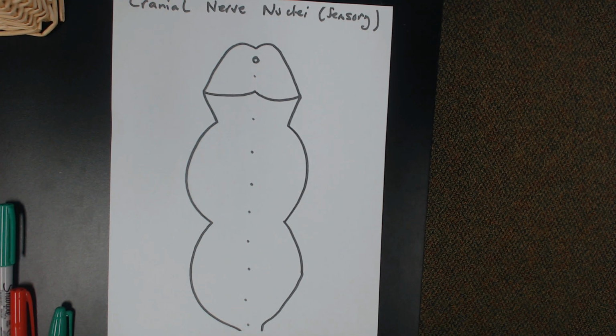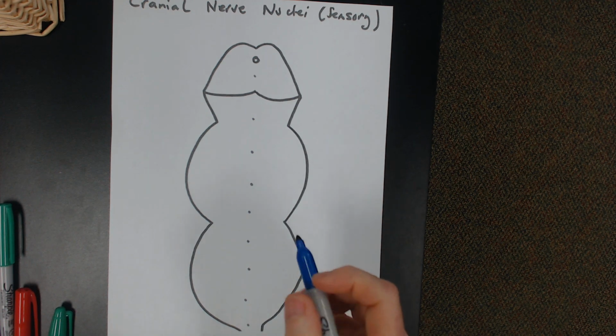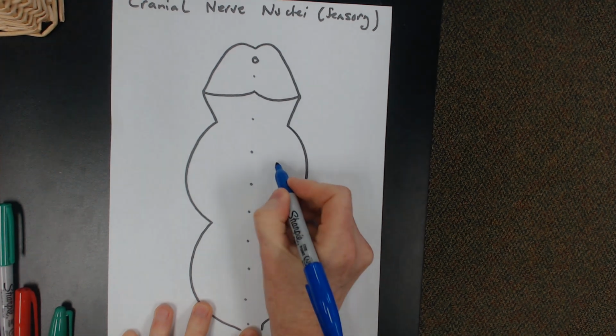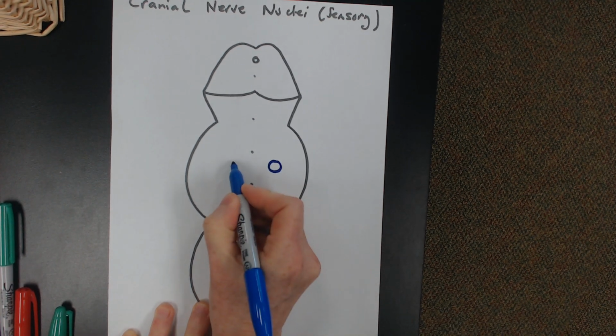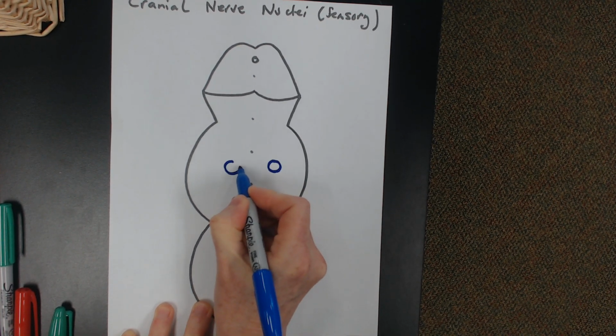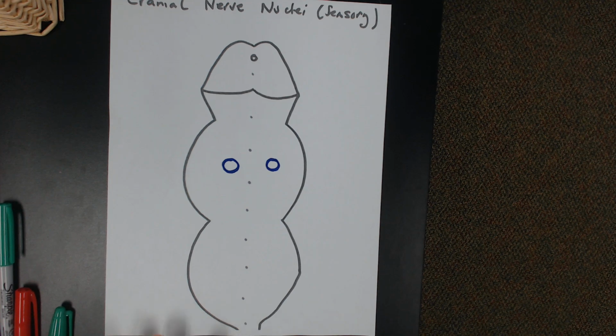What nucleus does it use? Yeah, the main sensory nucleus of trigeminal. Okay, so the main sensory nucleus of trigeminal is about, let's put it here, bilaterally, and you can think of them as essentially the same.